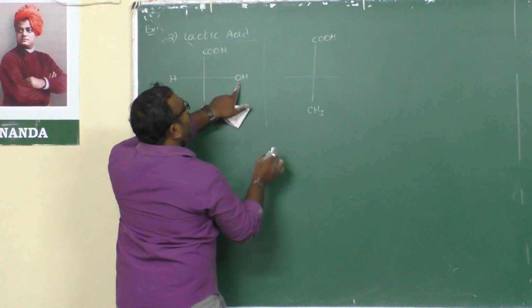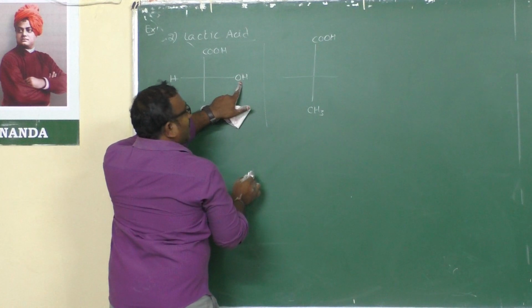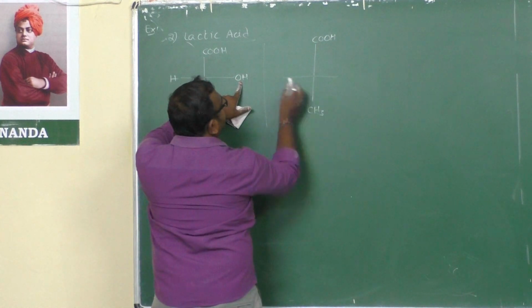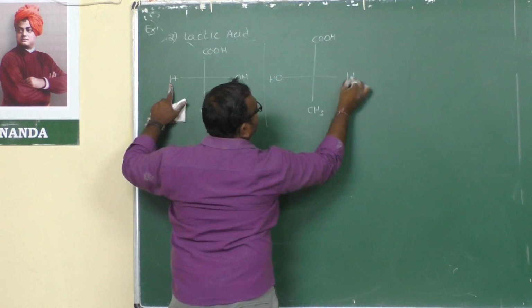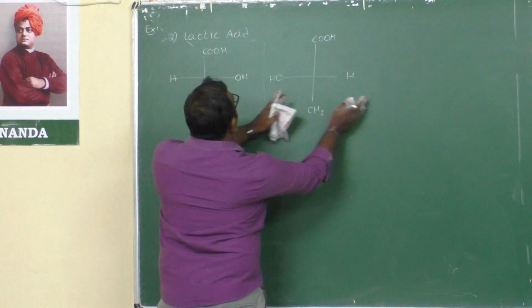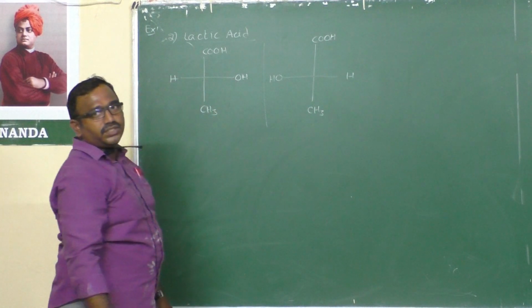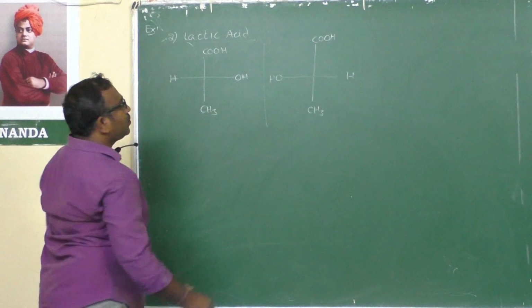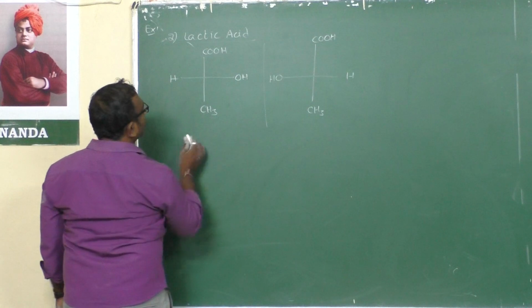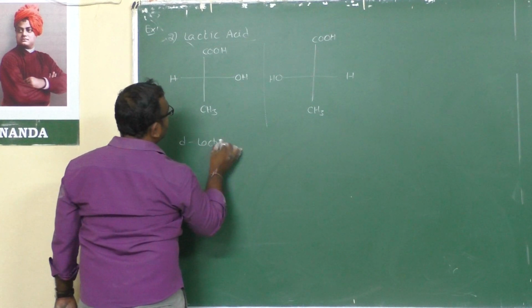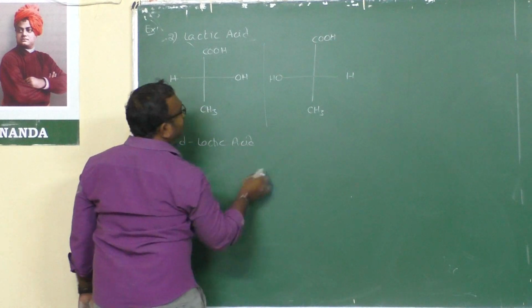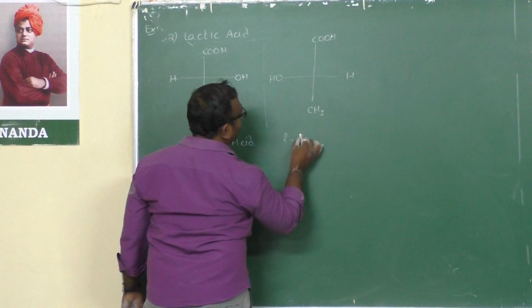So OH is on the left side in its mirror image, and H on this side. On placing this one on this one, both are non-superimposable. So D-lactic acid, L-lactic acid.